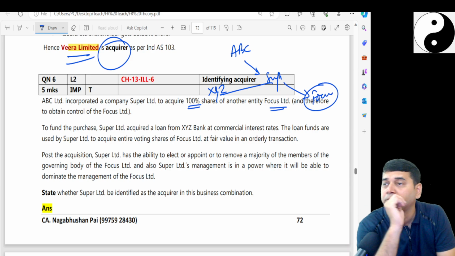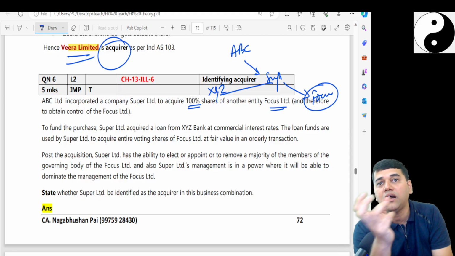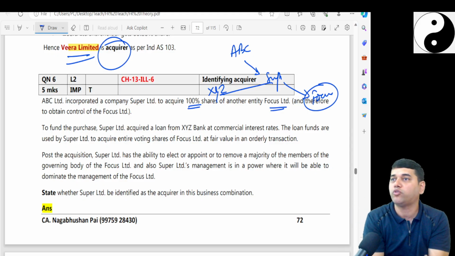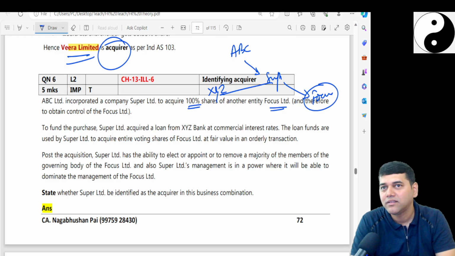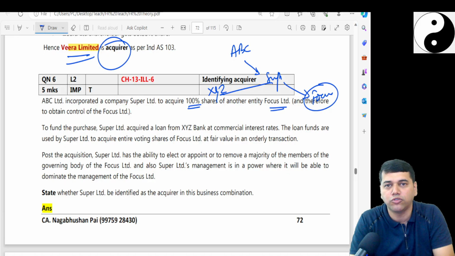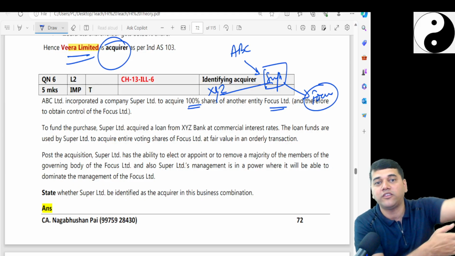But tell me, how come a bank will give a loan to one newly set up company which has got no assets? Is it possible? No. ABC has set up Super. Super went to the bank, sir, give me a loan, and the bank gave the loan to acquire Focus.